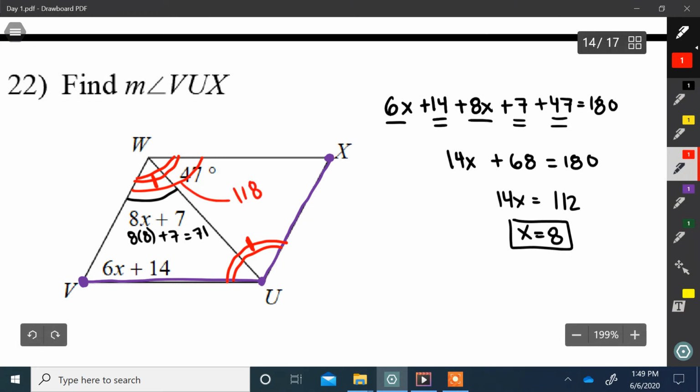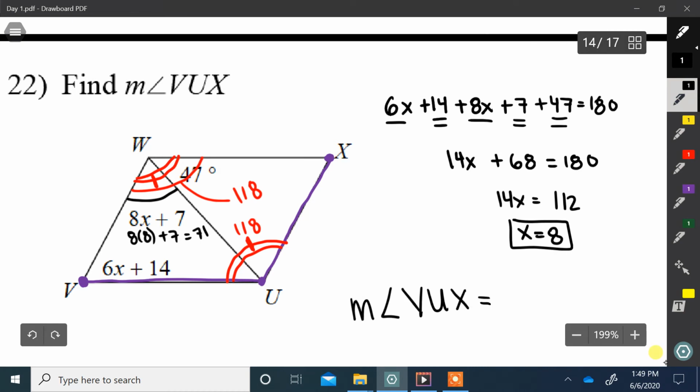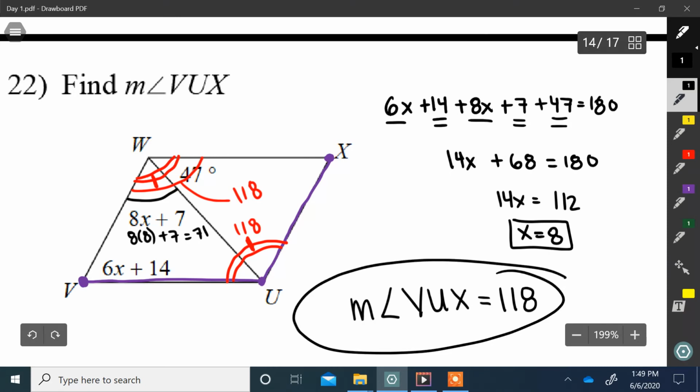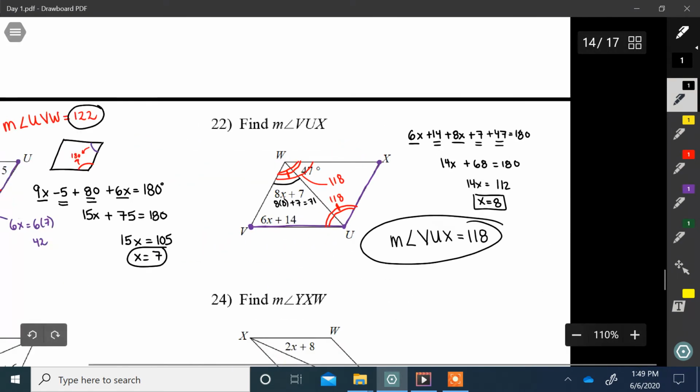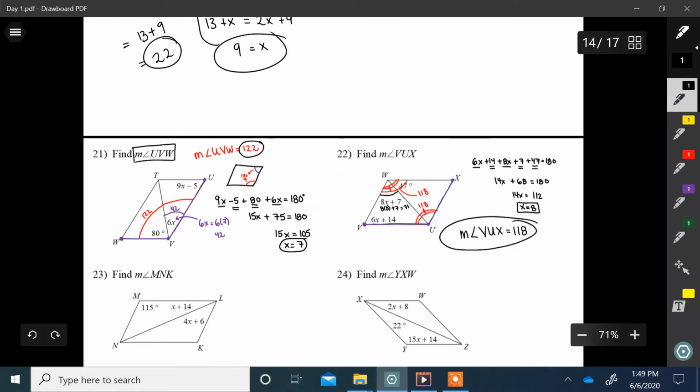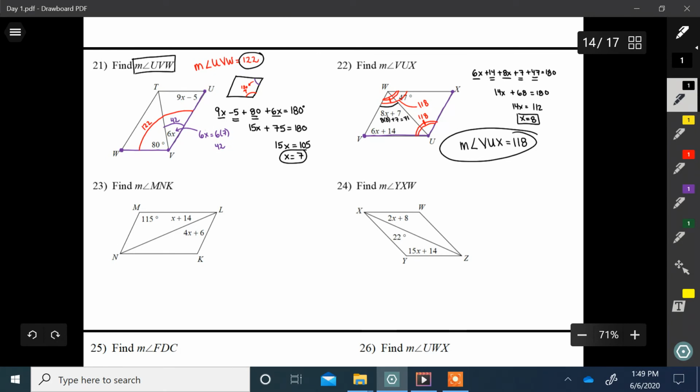So if that's 118, then this right here is also 118. So the measurement of BUX is equal to 118. And that's how you do that problem. You have to use what we call logic in here. It's important.